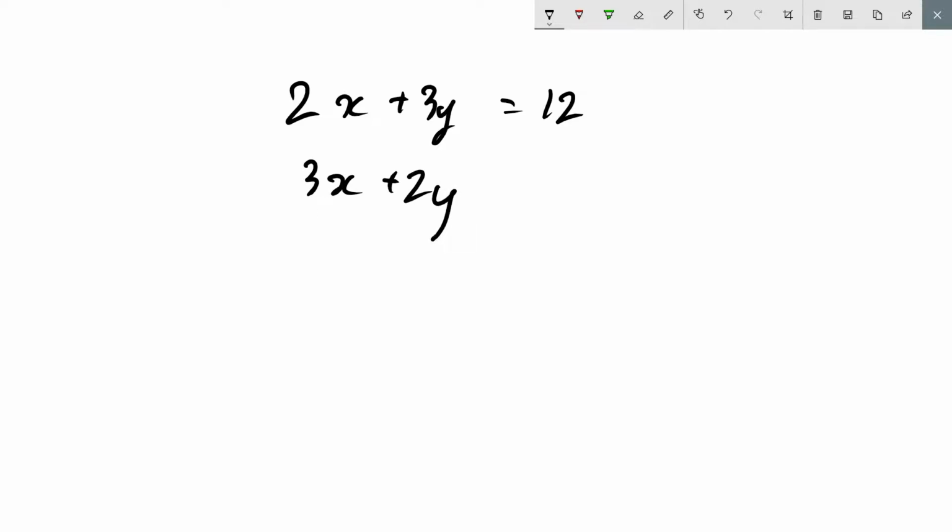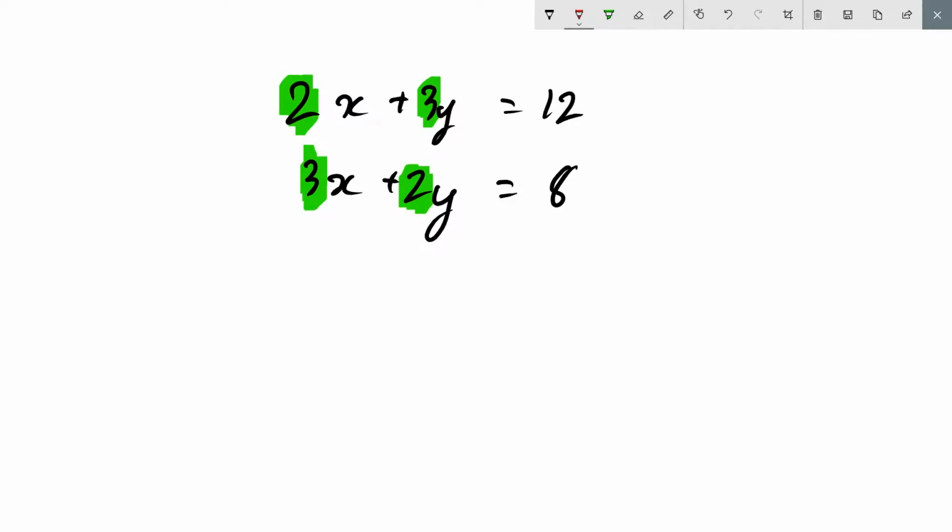Now we need to look at the elimination method. We have 2x plus 3y equals 12, and 3x plus 2y equals 8. And we want to solve these. We need to make sure that the coefficients of the pronumerals match.